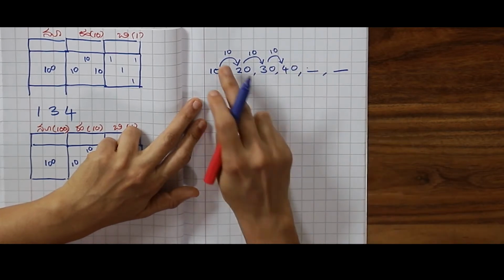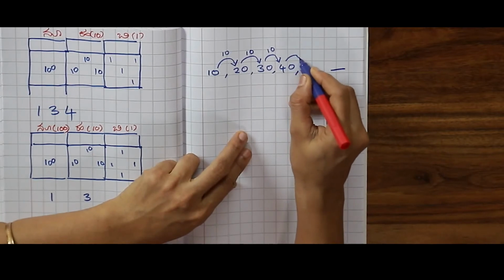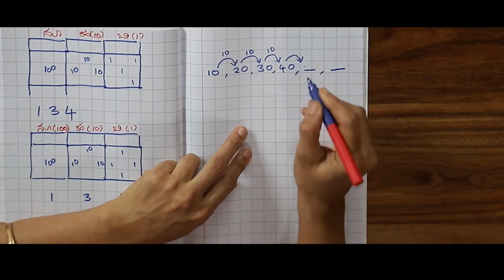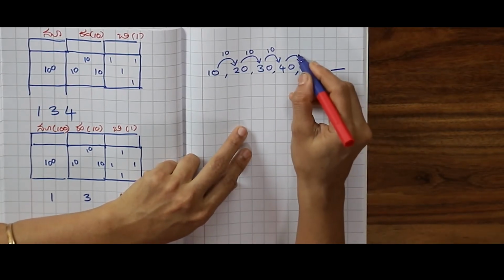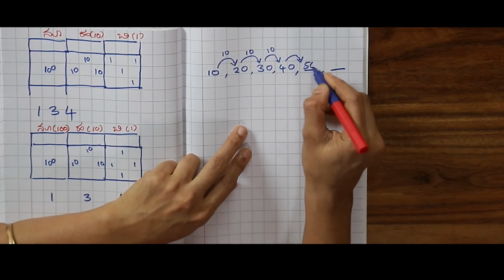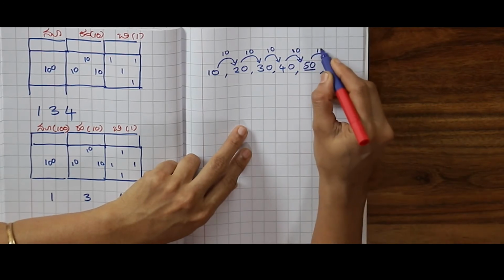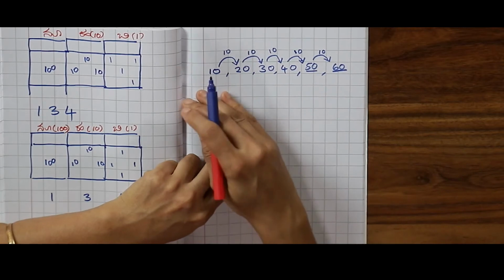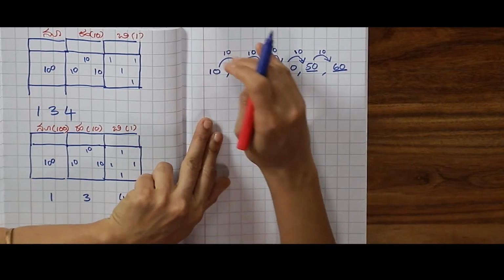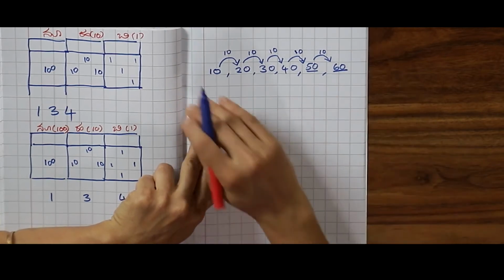So the skip is equidistant. So what is the next number? 40 plus 10 is 50. Then 50 plus 10 is 60. This is an equidistant skip. Skip counting, right?